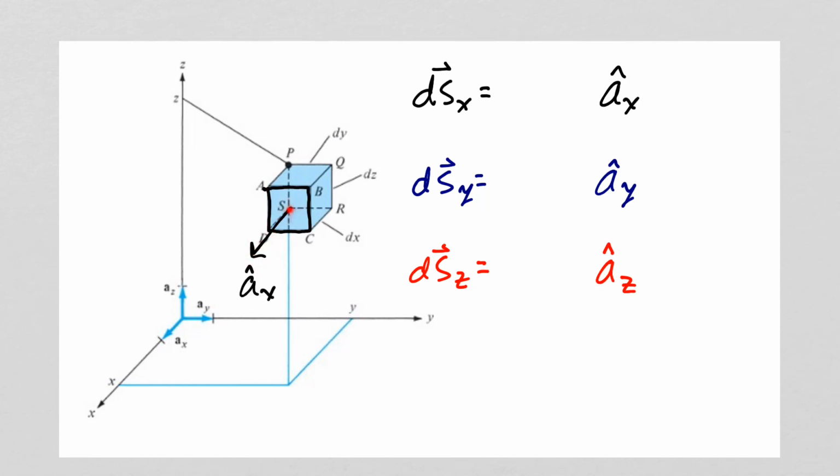Here is our unit vector in the x direction, and the differential surface it is perpendicular to is this one of area dy dz. So here is our differential surface d sub sx. Here is our unit vector in the y direction, so this is the differential surface perpendicular to it, and it is of area dx times dz.